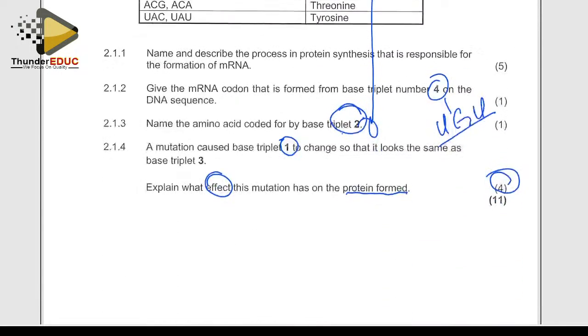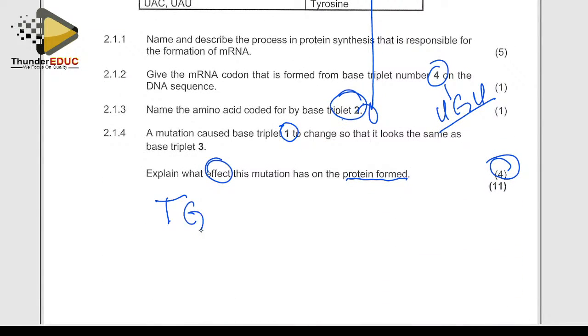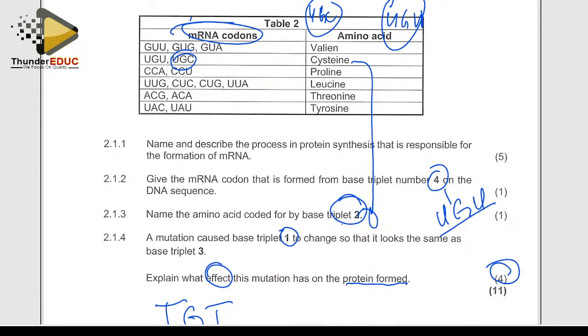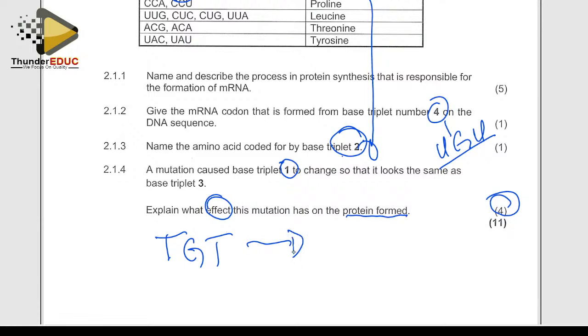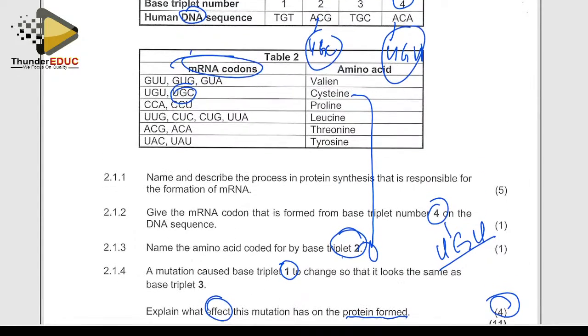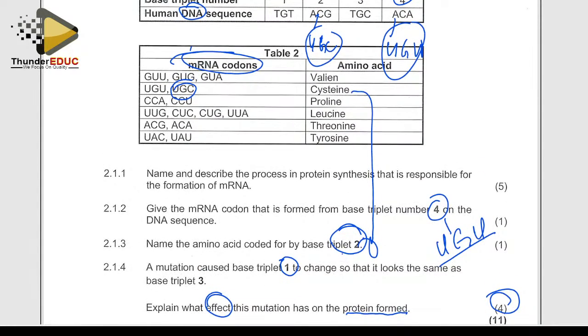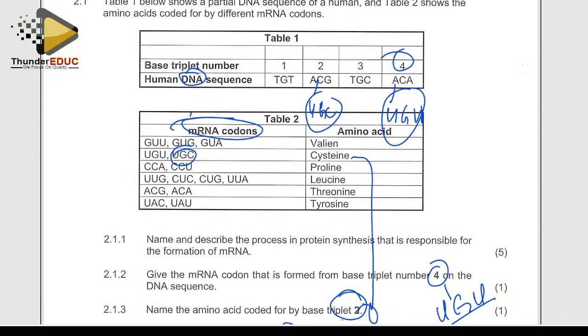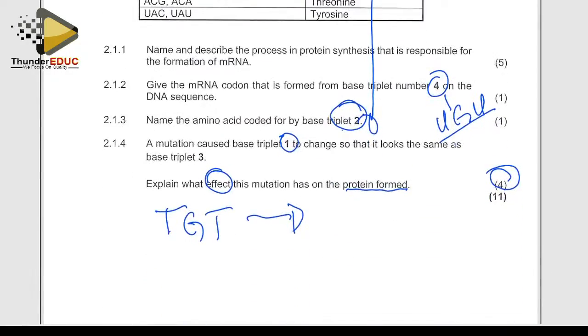Triplet 1 is TGT. Changed to triplet number 3, which is TGC.